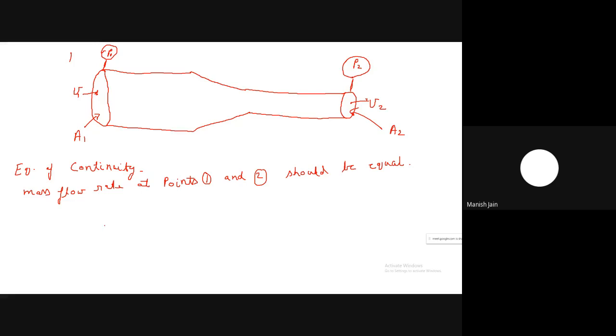Now suppose the mass flow rate is m1 at point 1 and m2 at point 2. So you can write m1 equal to m2.